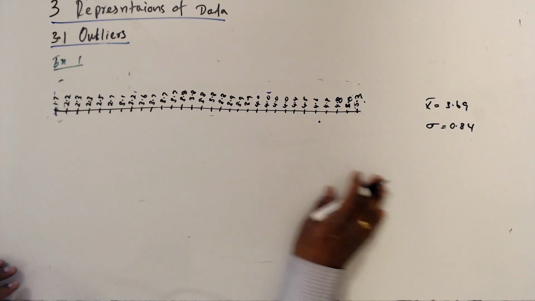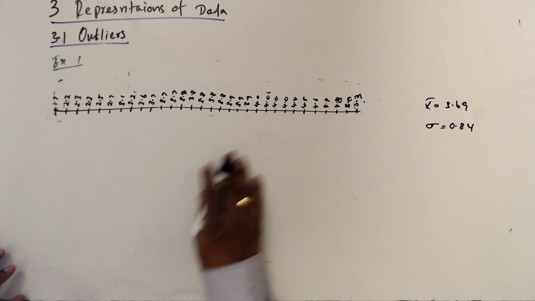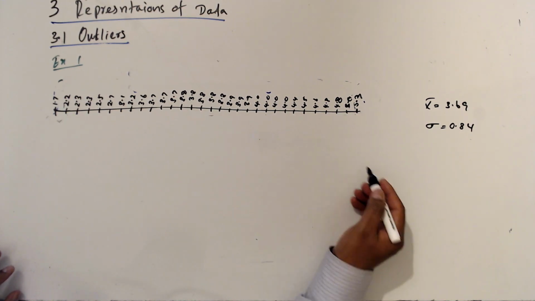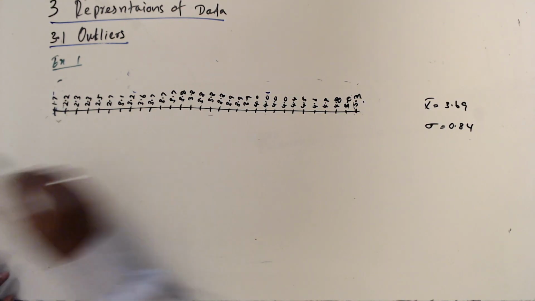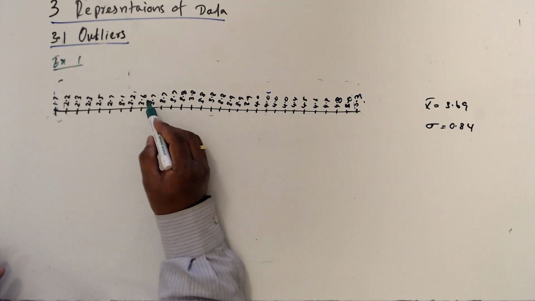And for this data set, I calculated x bar. So the other way of finding outliers is with x bar. X bar is going to be 3.69, not 3.7.